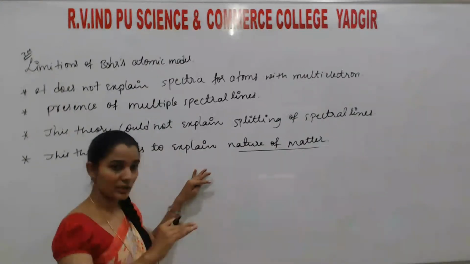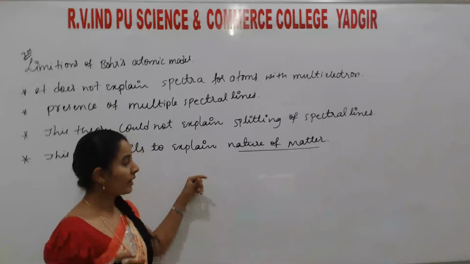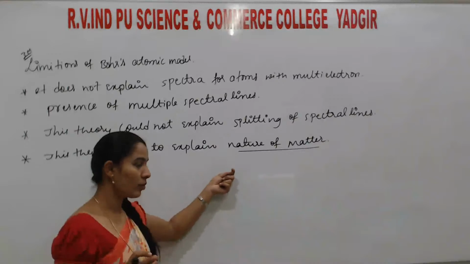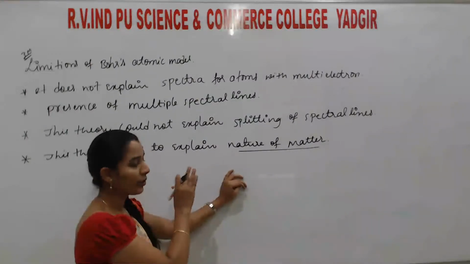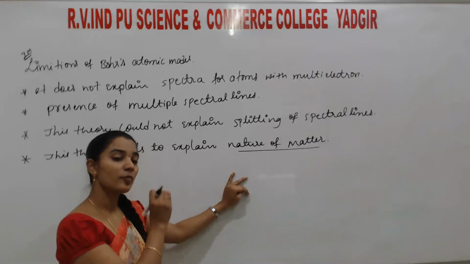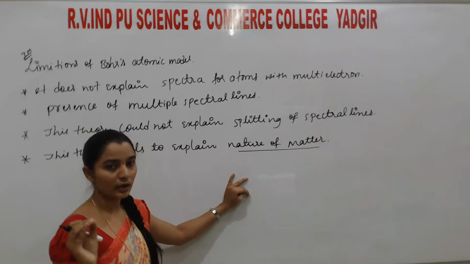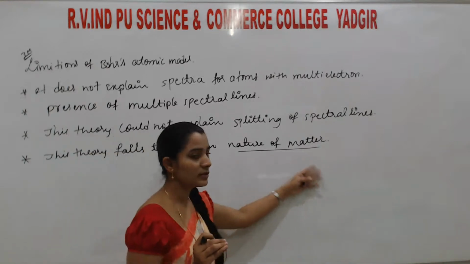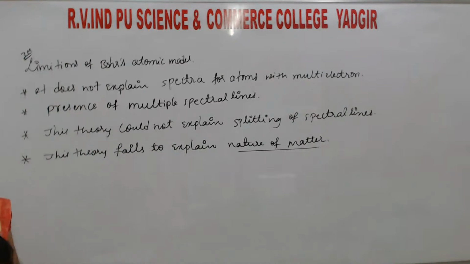He explained only particle nature, he could not explain wave nature. By taking wave and particle nature, Bohr explained this. So Rutherford's limitations are the leading point for Bohr's atomic model, and limitations of Bohr's atomic model are the leading point for the development of the quantum mechanical model. Understood? Okay, so this is nature of matter. That is explained by de Broglie. Later I will see.